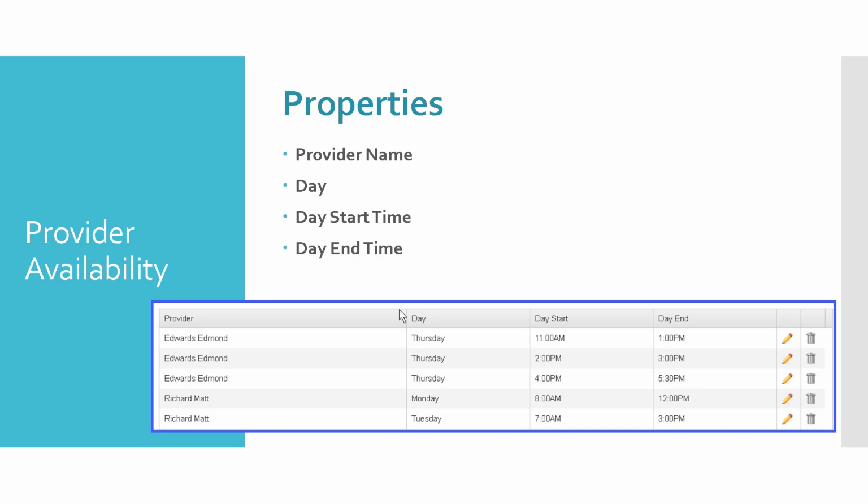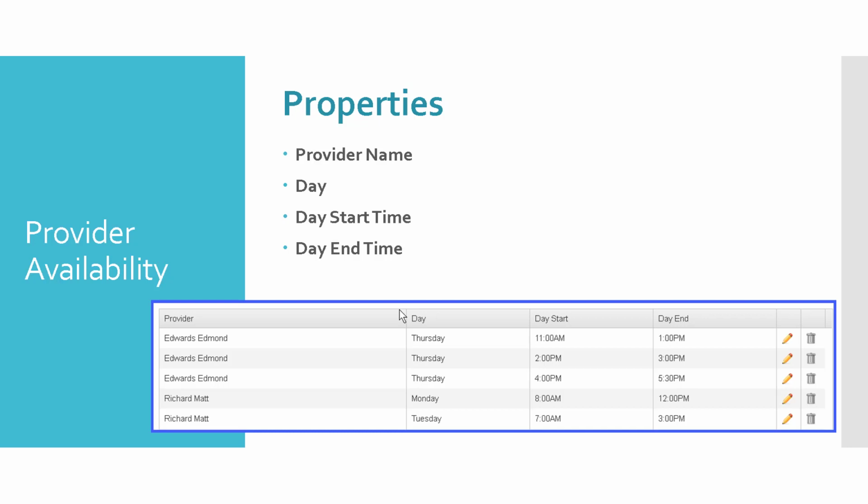Provider availability is the time when the provider is available on a specific day. You are allowed to have more than one time range for a day per provider. So, instead of programming a lunch hour for Monday, you should set 2 time ranges.